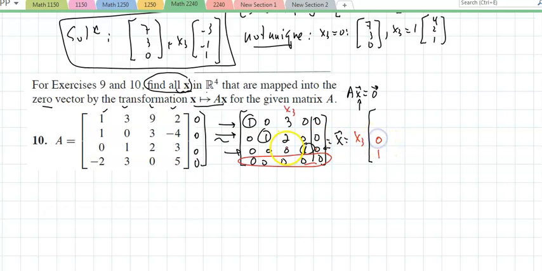This is always 0. That is negative 2x3. And that is negative 3x3. So, of course, this is not unique. Right? They're not asking for that. They're saying find all the vectors. Here they are. What's x3? Any value you like.